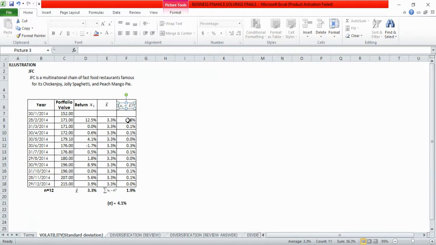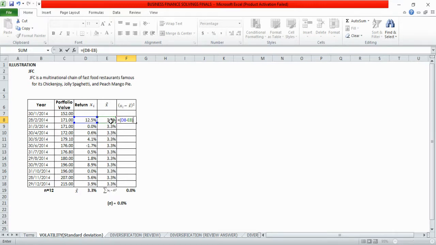So to solve this, all you need to do is, of course, substitute, okay? So for this one, let's answer. Okay, we have this. So this is your return. Don't forget your parentheses, open parentheses, your return minus your mean or the average return.